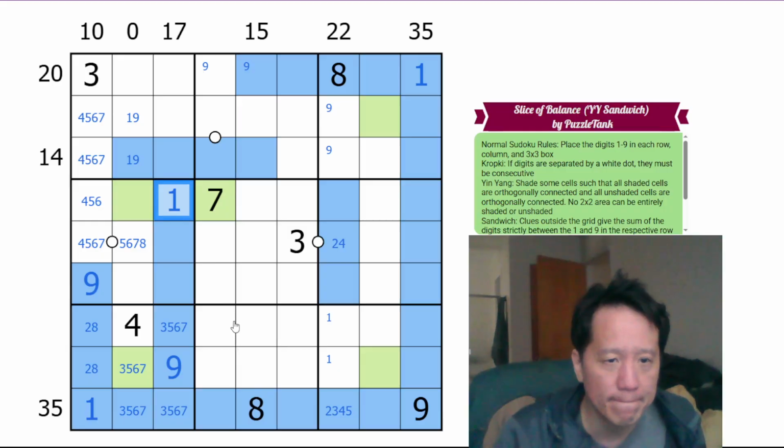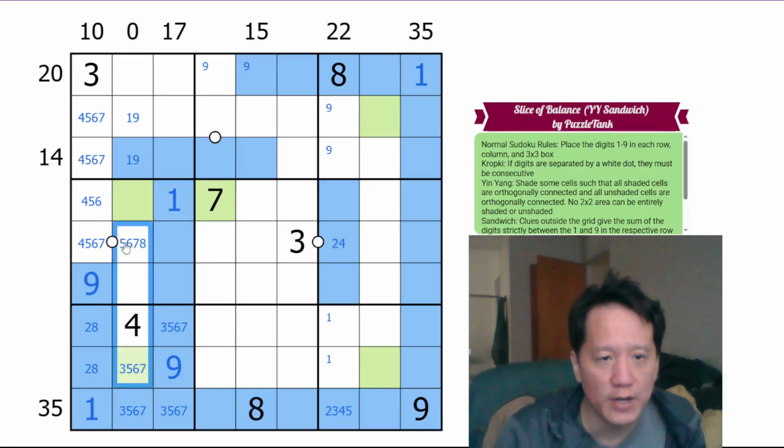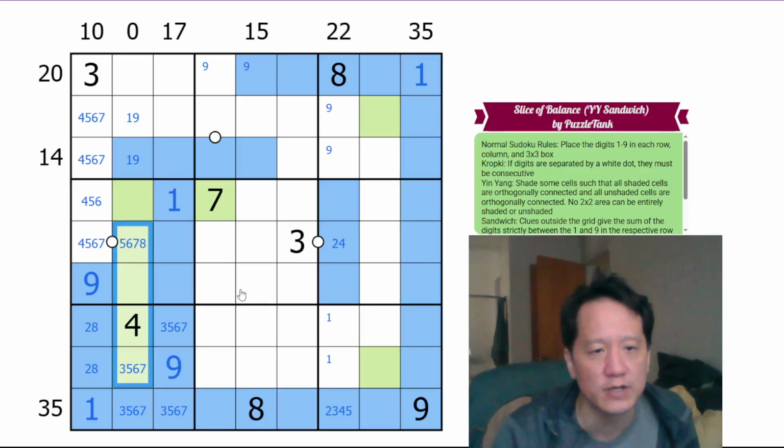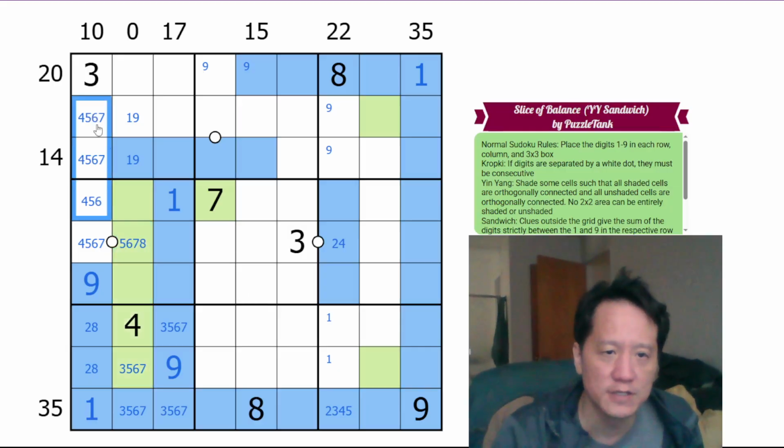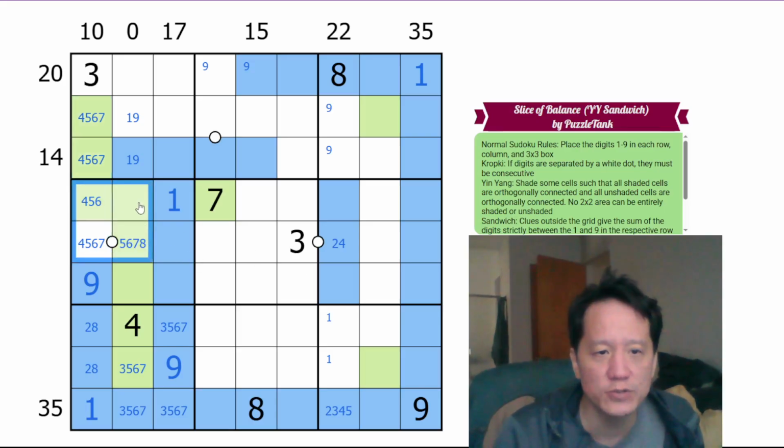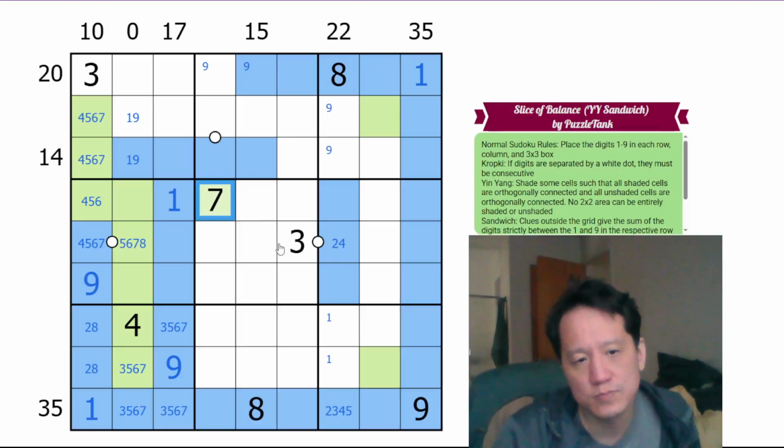Green has to go out, so it has to connect. It has to go out this way to be orthogonally connected to the rest of the greens. And then it must exit out this way, so then this must be at least green. This is a 2 by 2 area that is green, so this can't be green here. This is blue. This is 1 and 9, so that's shaded.